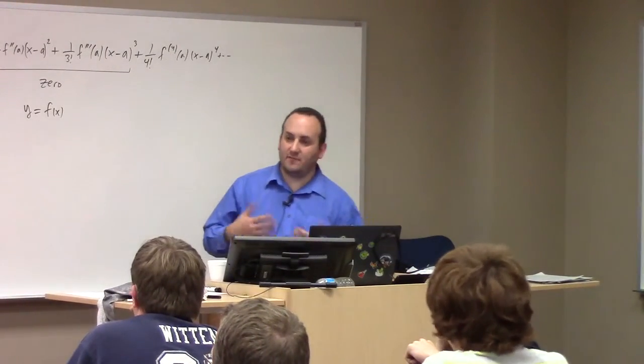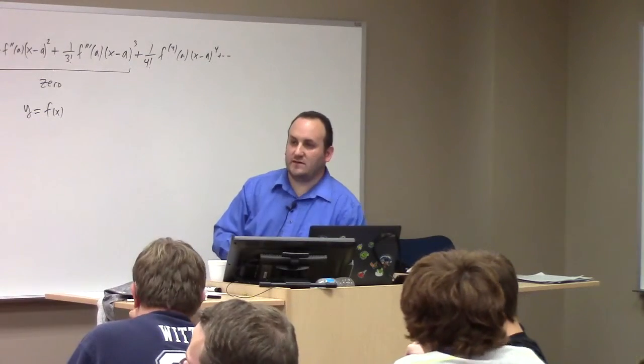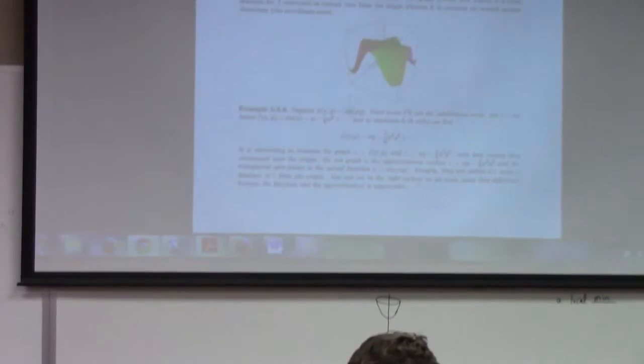I can think about the graph of the Hessian, z equals q of x, y. I can think about z equals f of x, y, and I can actually see what's going on.